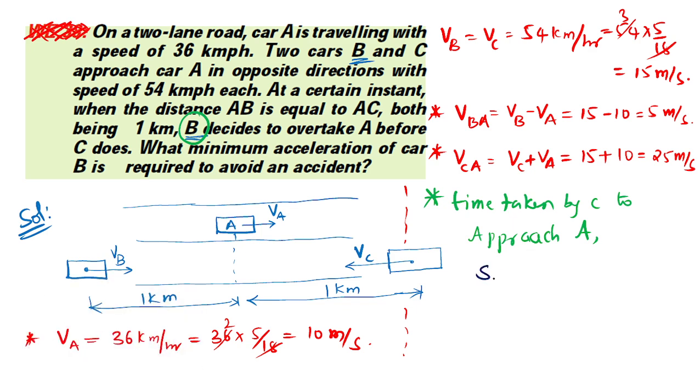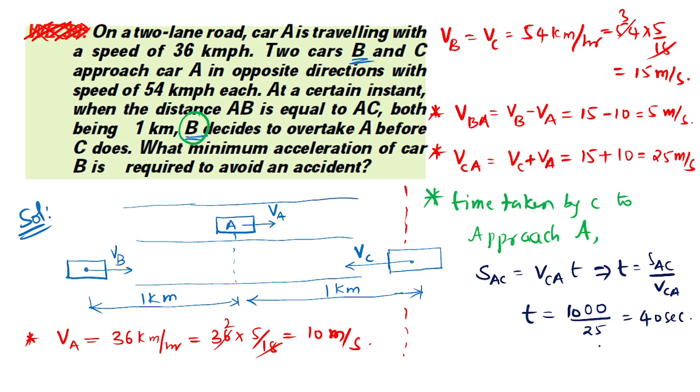So S of A to C is equal to V of C to A into T. Can I write like that? So T is equal to S of A to C divided by V of C to A. 1 kilometer, that is 1000 meters, divided by 25. So how many seconds? 40 seconds.